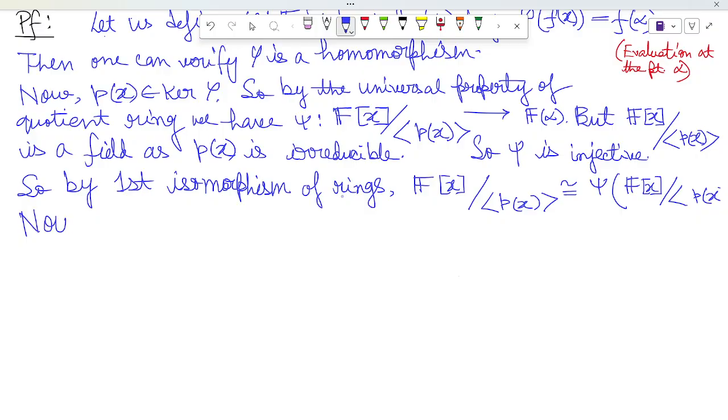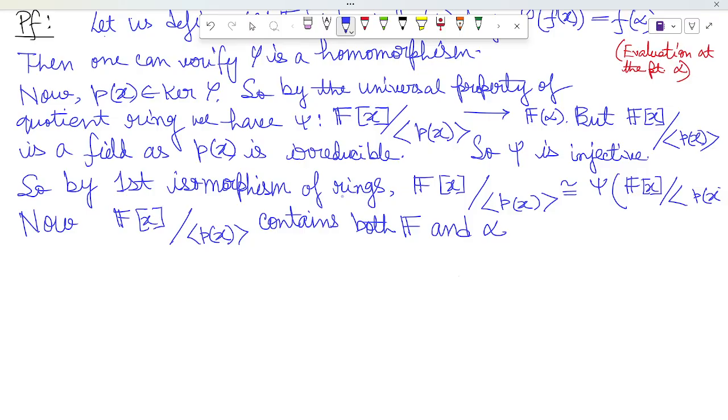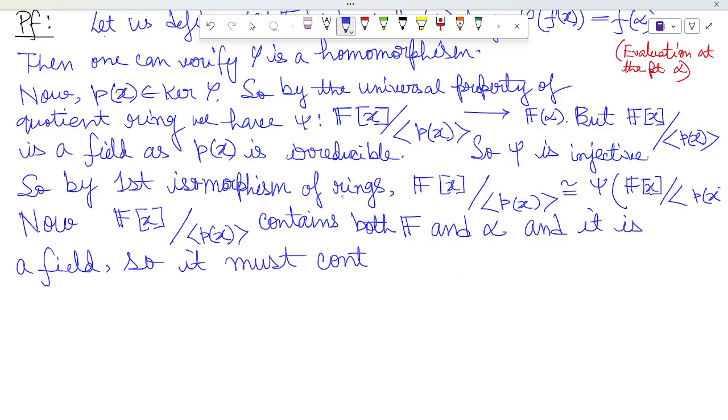Now, this contains F and alpha, and it is a field, so it must contain F(alpha).